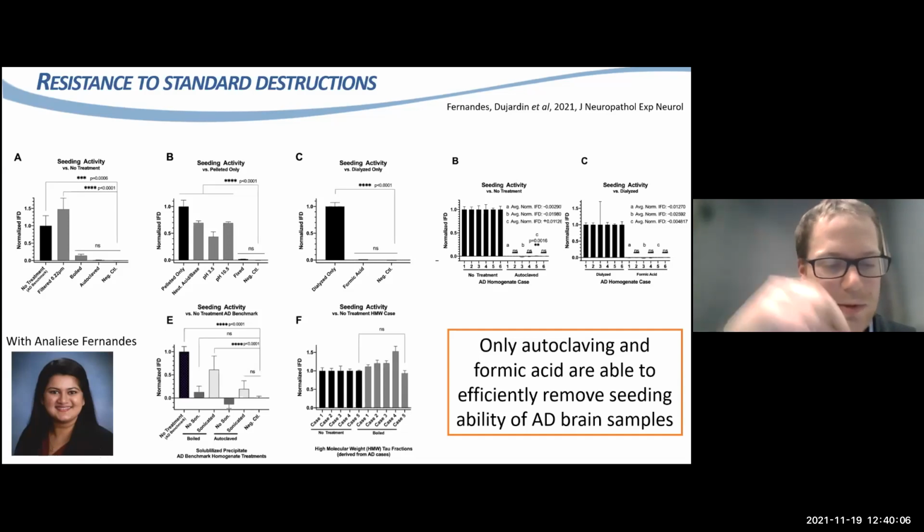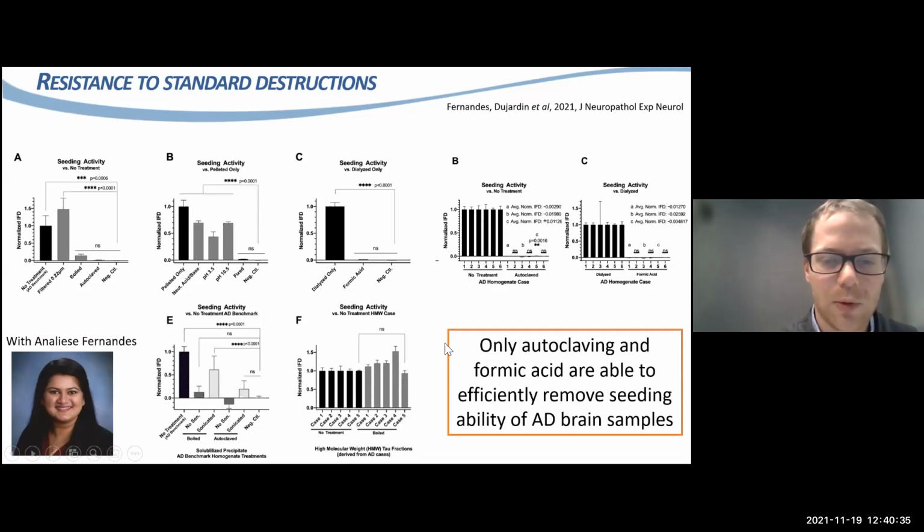So we sonicated this precipitate to see if we had a rescue of that, and indeed we had a rescue, which basically means that by boiling it, rather than destroying the seeds, we just clustered them, and then they didn't work in our assay anymore. But the seeds were still present in the samples.